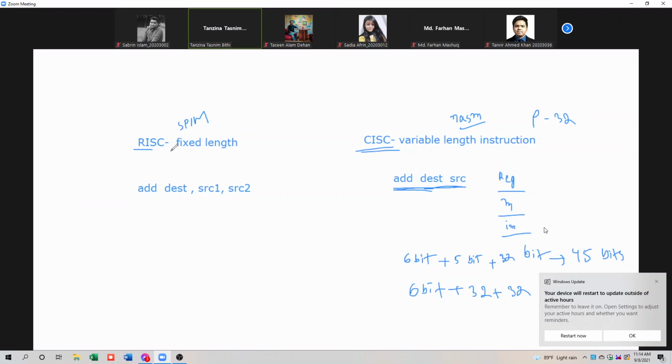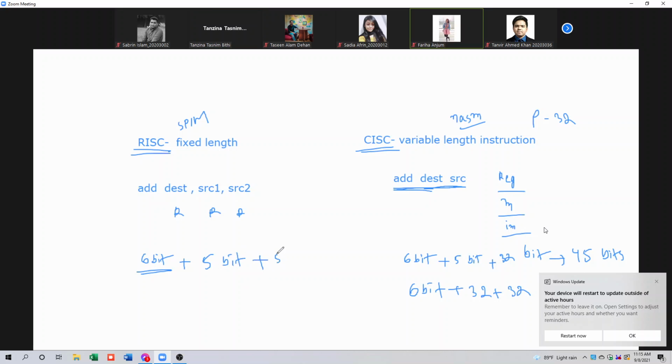But what about the RISC processor? In the RISC processor, the destination address, the source address, and the second source address, all these addresses are addresses of registers. Suppose 6 bits are needed for translating the opcode, for converting the assembly language instruction's opcode into a binary language opcode. So 6 bits for the opcode, and each of these registers will be translated into a 5-bit binary number.